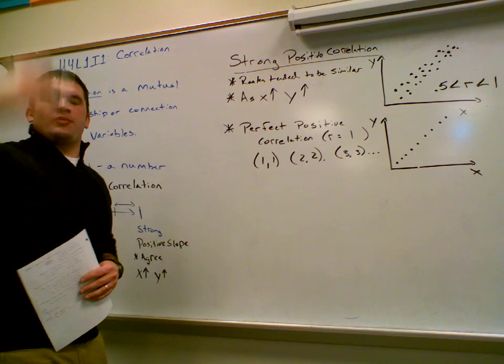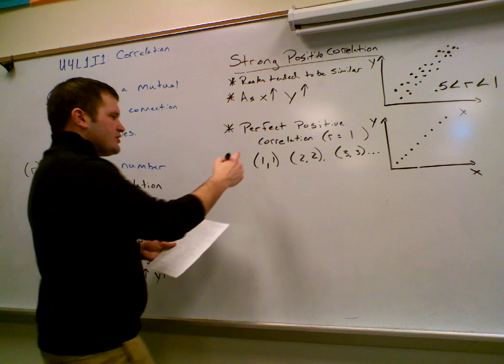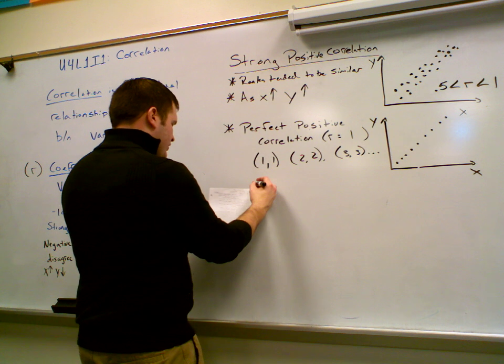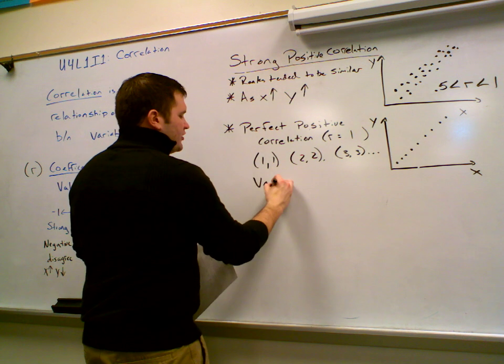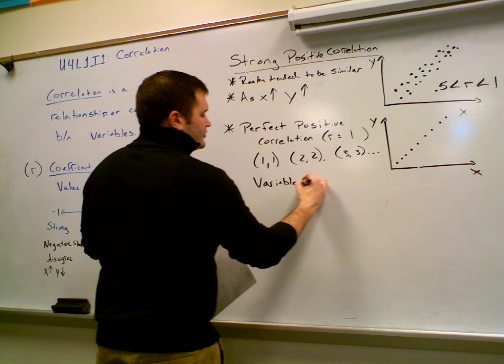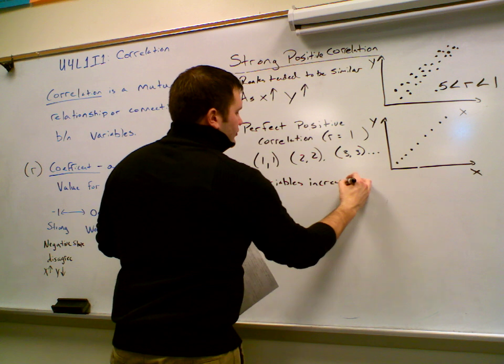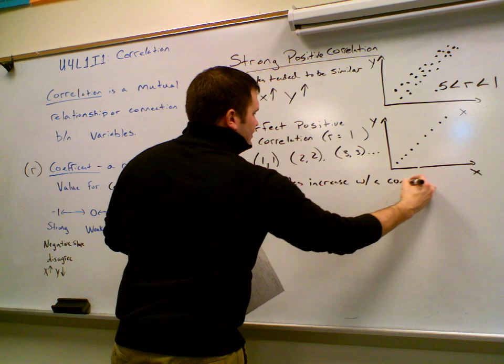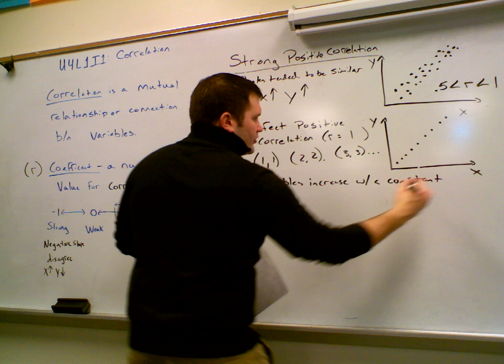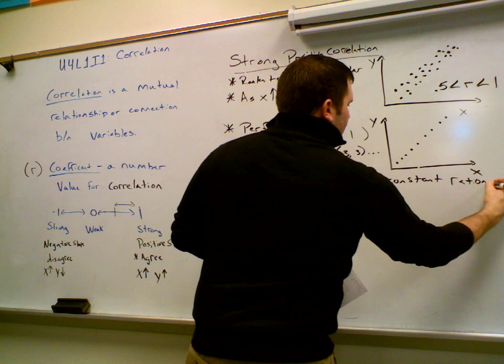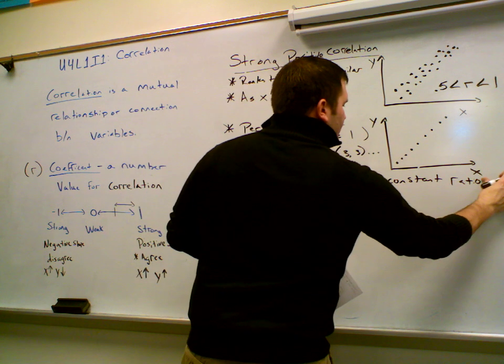Okay, they always keep going up at the same rate. Right? So that's one example of what perfect positive might look like. Basically, the variables increase with a constant ratio.